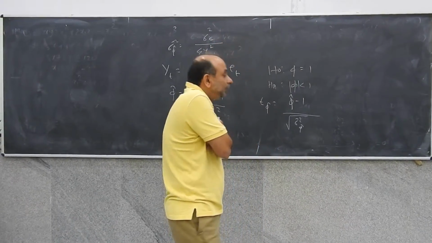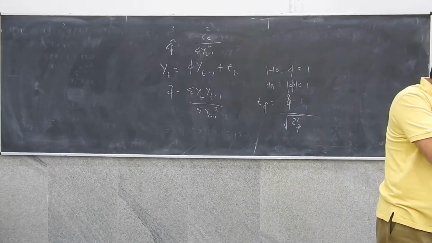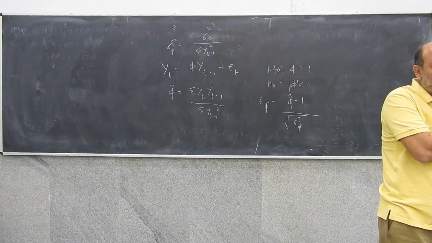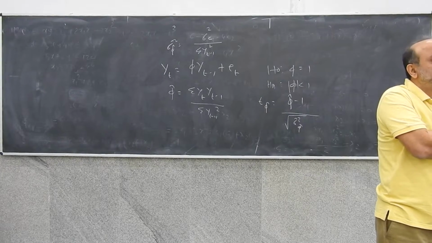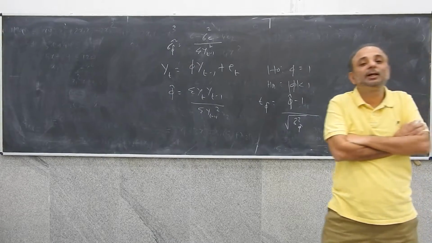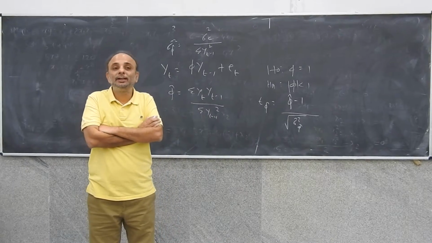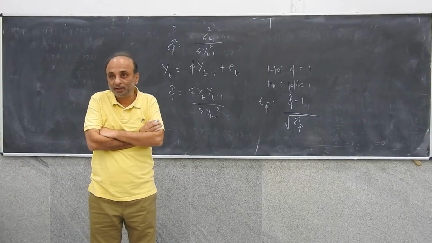But in this particular case for a time series, we learned that when phi is equal to 1 in absolute value, you cannot use the T distribution to test the null, because if phi is equal to 1, the process becomes a random walk, and for a random walk, you cannot do tests of hypothesis in the usual fashion.